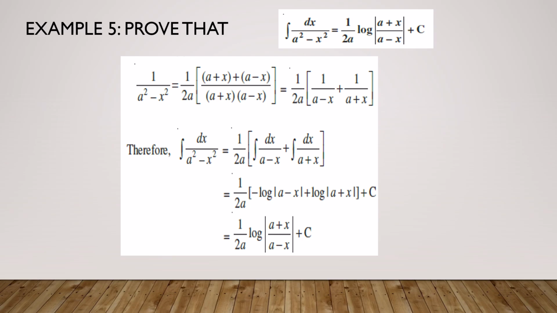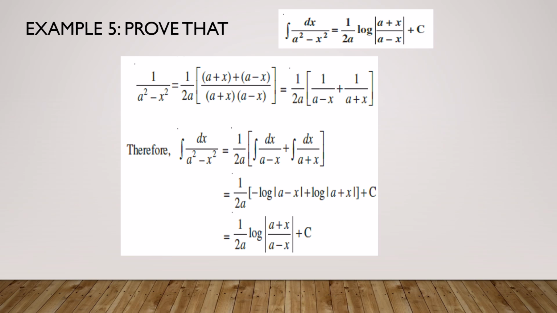So now you just take both the terms separately. First term is a plus x upon a plus x into a minus x, which is 1 upon a minus x. Second term is a minus x upon a plus x into a minus x, which is 1 upon a plus x. So now individually integrate both the terms. Now you know that 1 upon x type of term integral is log mod x.